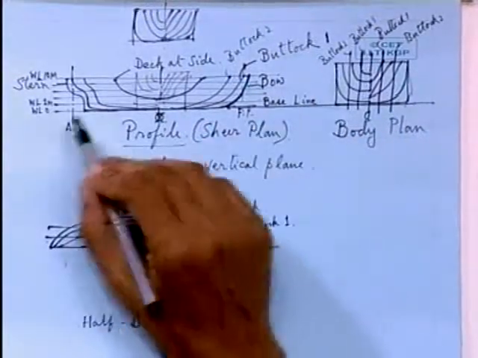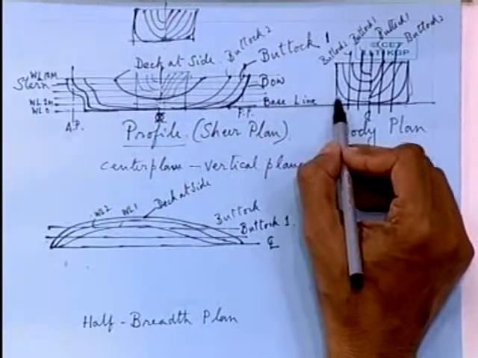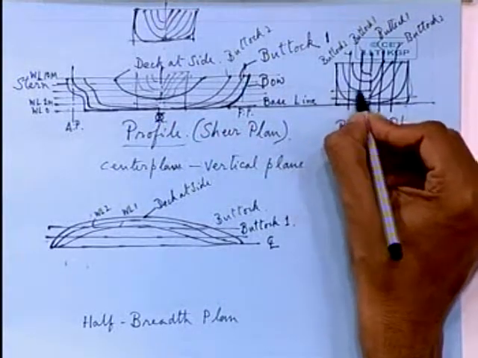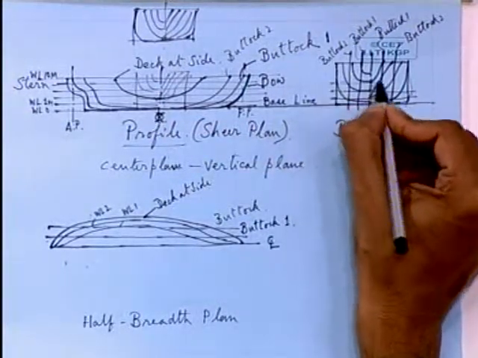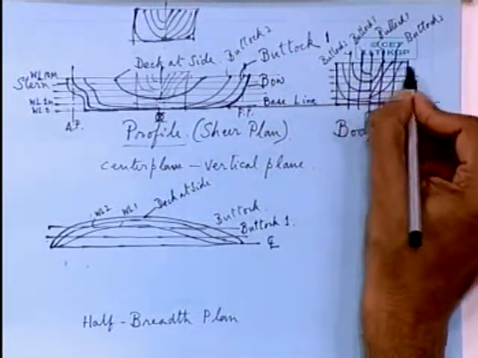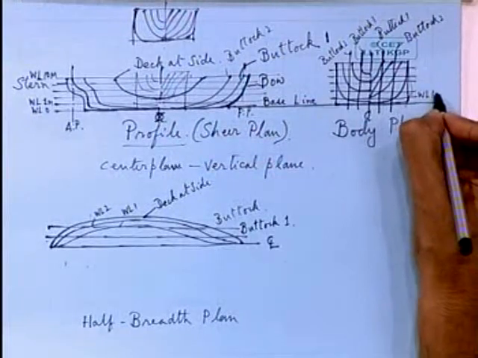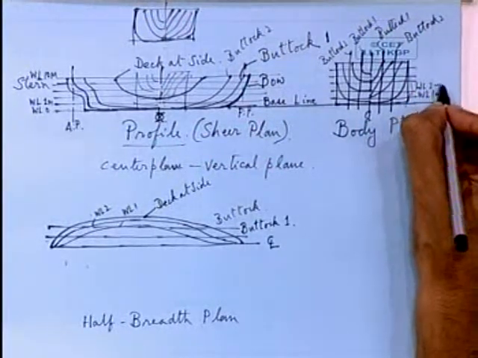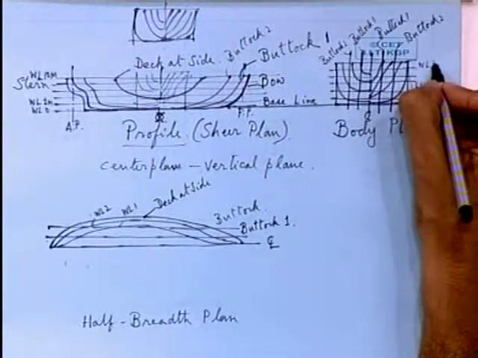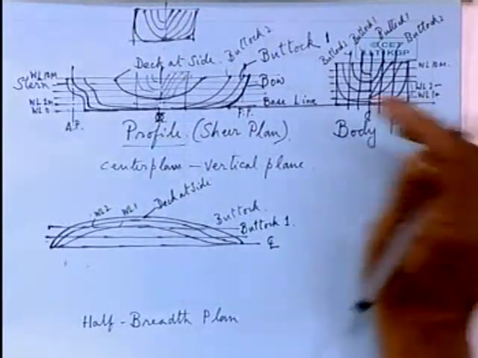So this you have drawn, you extend the baseline, and also you extend these water lines on the body plan. Here this will be water line 1 meter, water line 2 meters, like this, till you go to the main deck. Say this is water line 10 meters. That is your deck line. So this grid you make.